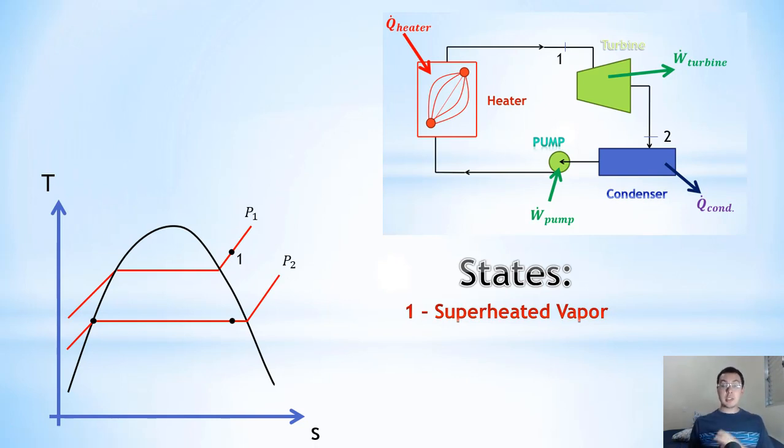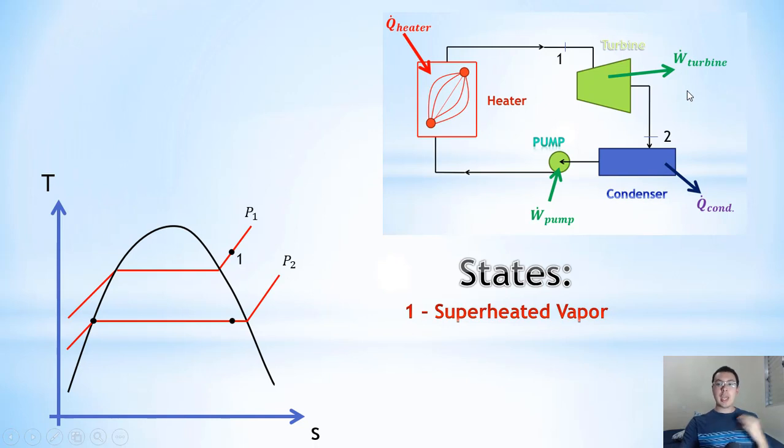In some cases we can have saturated vapor here at the outlet of the heater, but the most common configuration here shows that in the outlet of the heater we will have superheated vapor. So here at the turbine we will expand the fluid, or we will remove energy from our flow as power here.